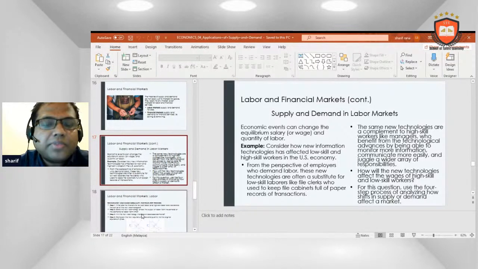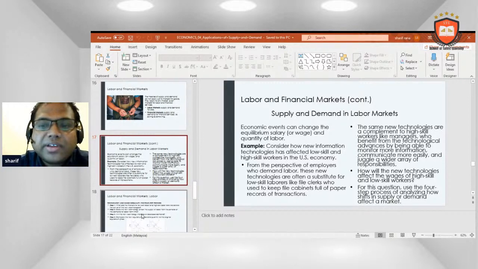From the perspective of the employer who demands labor, these new technologies are often a substitute for low-skill labor, like file clerks who used to keep file cabinets full of paper records of transactions. The same new technologies are a complement to high-skill workers like managers, who benefit from the technological advantage by being able to monitor more information, communicate more easily, and judge a wide array of responsibilities.